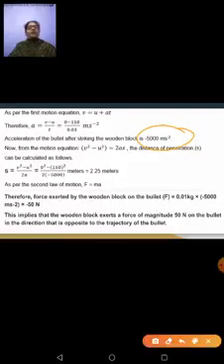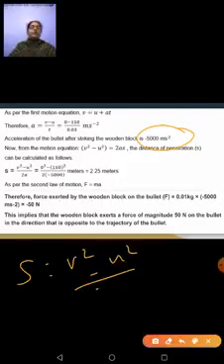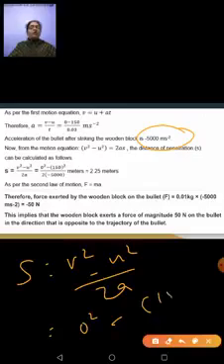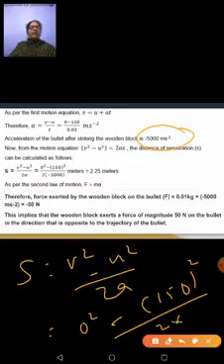Now let's calculate s is equal to v square minus u square upon 2a. In the place of v square we'll be putting 0 square. In the place of u square I'll be writing 150 the whole square, right? And the denominator will have 2 into minus 5000, because the value of a is minus 5000.